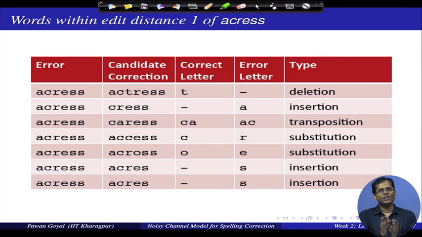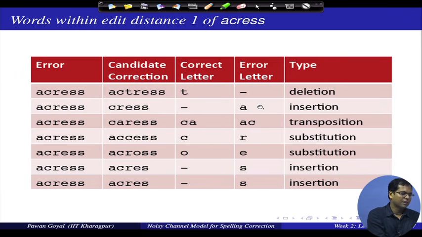What change did I make for going from the correct word to the incorrect word? I had a letter T in my correct word, but I replaced it with null. So this is a deletion. I deleted a T from my correct word. Similarly, how do I go from cress to actress? I have to insert A. So this is again an insertion.